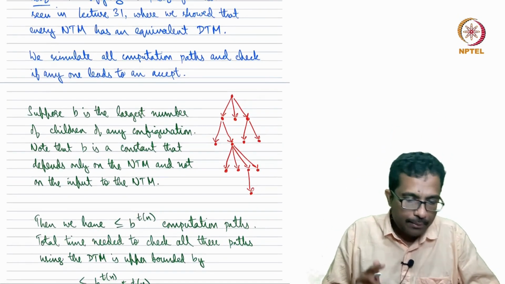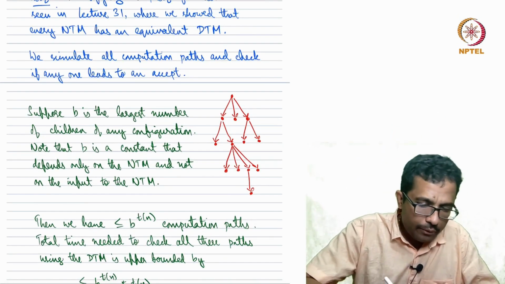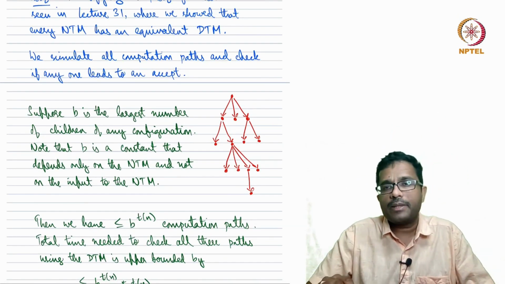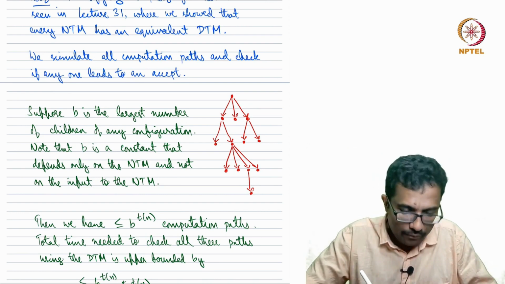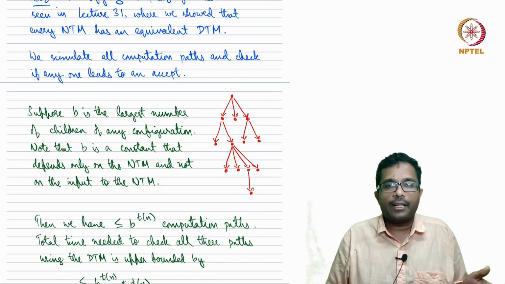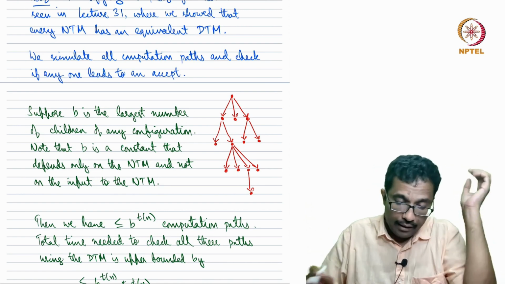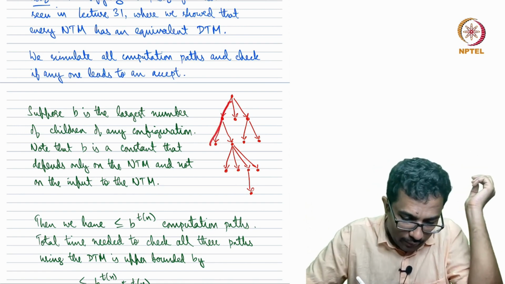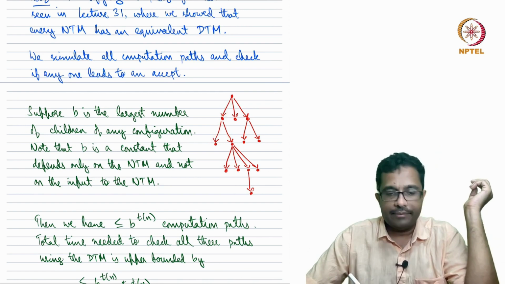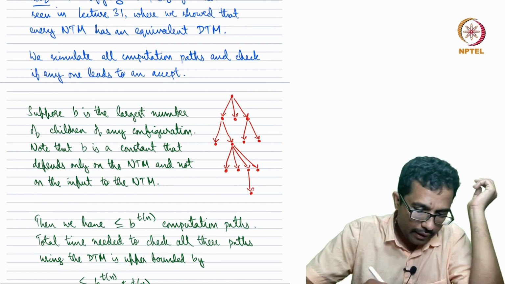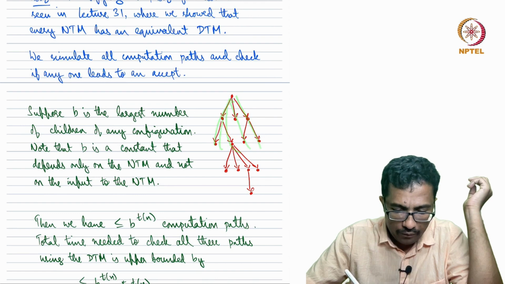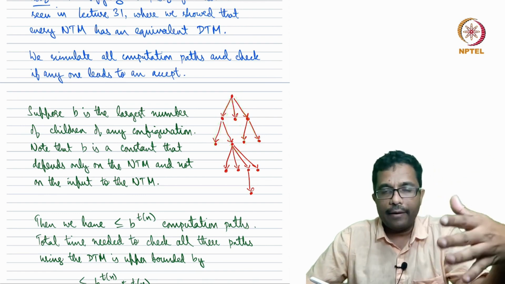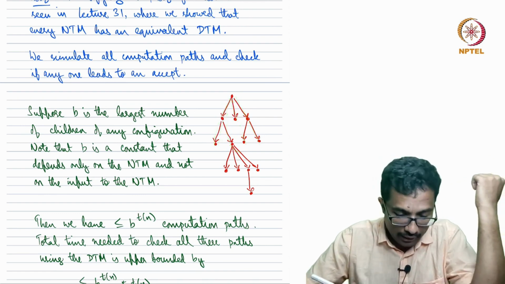To describe the proof, we wanted to simulate a non-deterministic Turing machine by a deterministic Turing machine. So we consider the computation tree and look at all possible computation paths, and we accept if we find an accepting computation path.